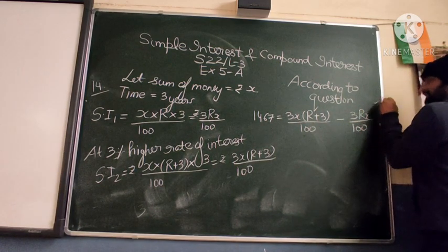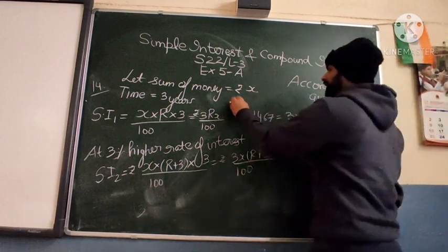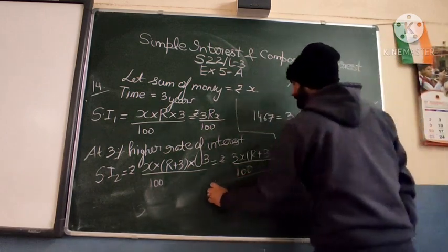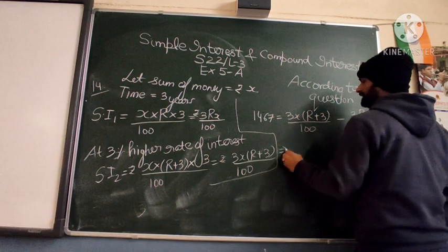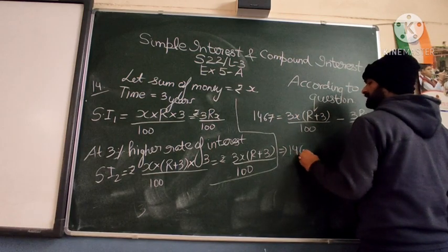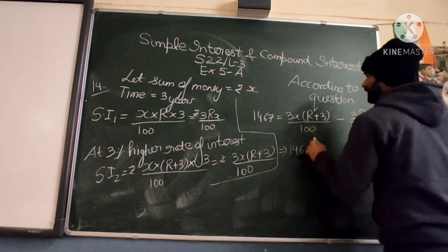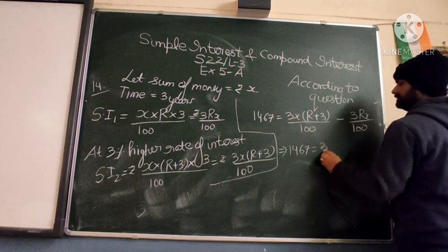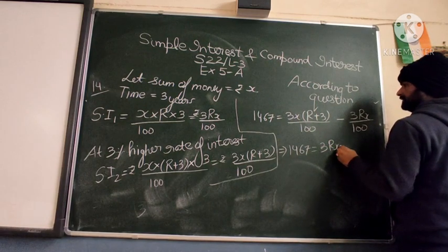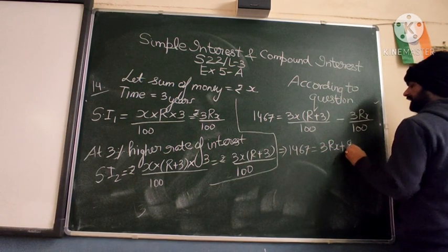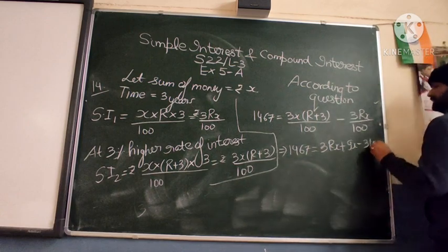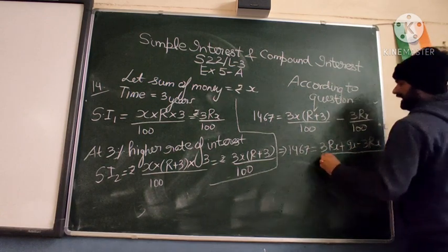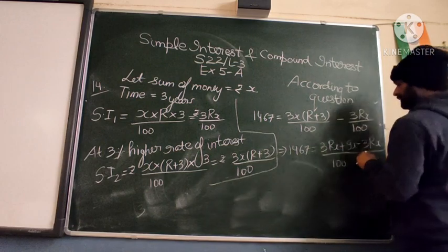This is the equation that you will get. Now I am going further. This implies that 1467 is equal to 3Rx plus 9x minus 3Rx upon 100, like fractions, so subtracted.